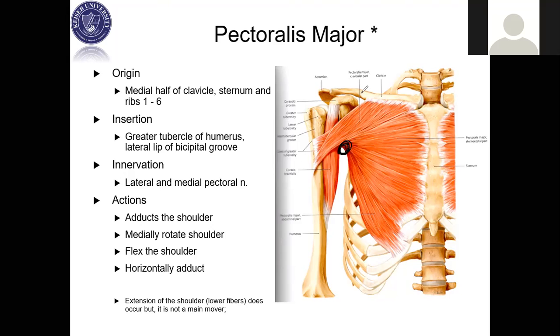It is not a main movement that you will need to know. It is not a main mover. So the movements, again, that I need you to know for pec major: shoulder adduction, internal or medial rotation, shoulder flexion, and horizontal adduction. Those are the four movements of the pec major, and the innervation is the medial lateral pectoral nerve.